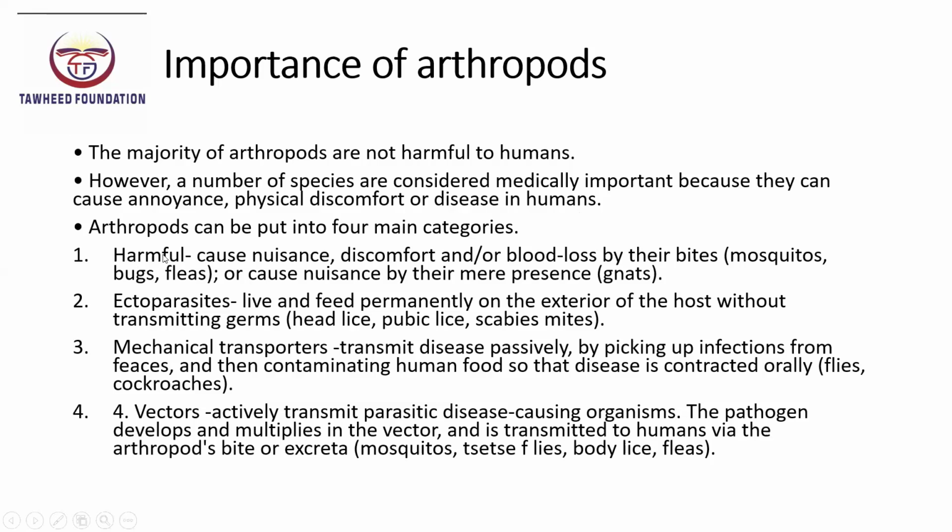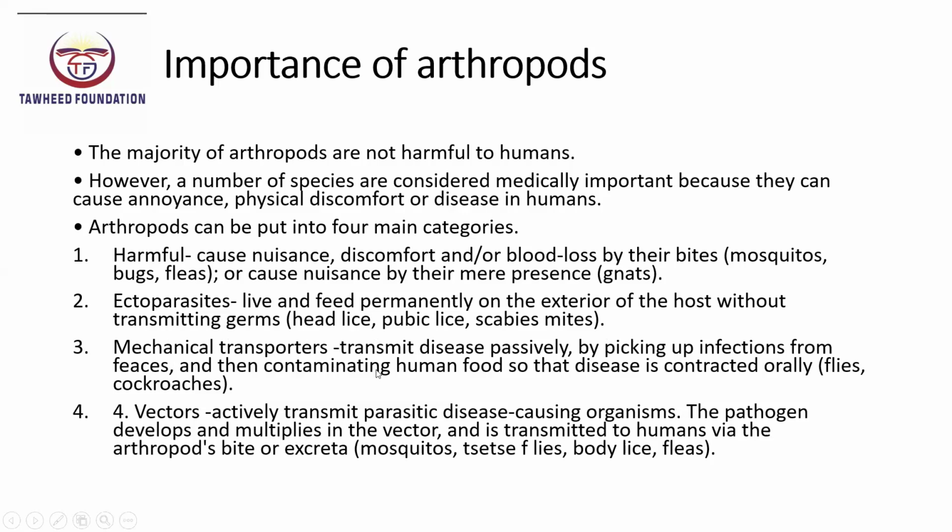Harmful arthropods cause nuisance and physical damage such as bites and blood loss. Examples are mosquitoes, fleas, bugs, and ants. Second is ectoparasites. They live permanently on the host and feed on blood but do not necessarily transmit pathogens. Examples are head lice, scabies mites, and pubic lice. Third is mechanical transporters.